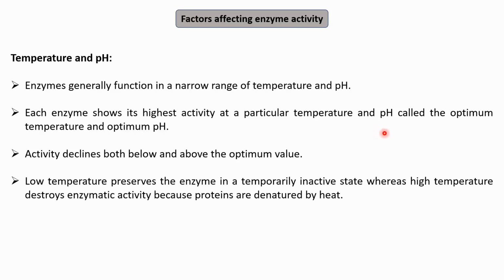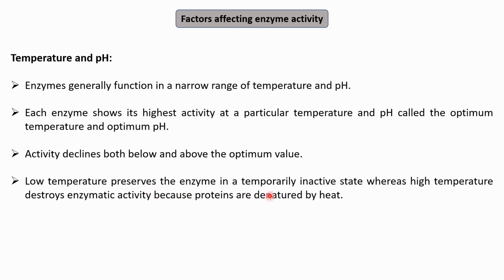An enzyme generally functions in a narrow range of temperature and pH, and specifically for pH the range is quite narrow. Each enzyme shows its highest activity at a particular temperature and pH, known as the optimum temperature or the optimum pH for the enzyme function. Both below and above the optimum value, the activity of the enzyme decreases.